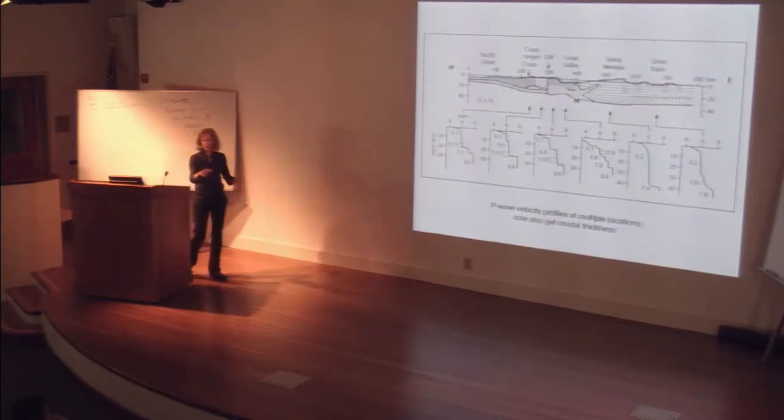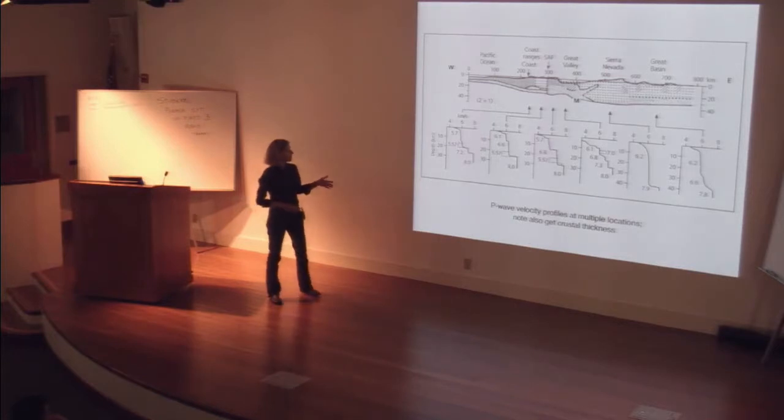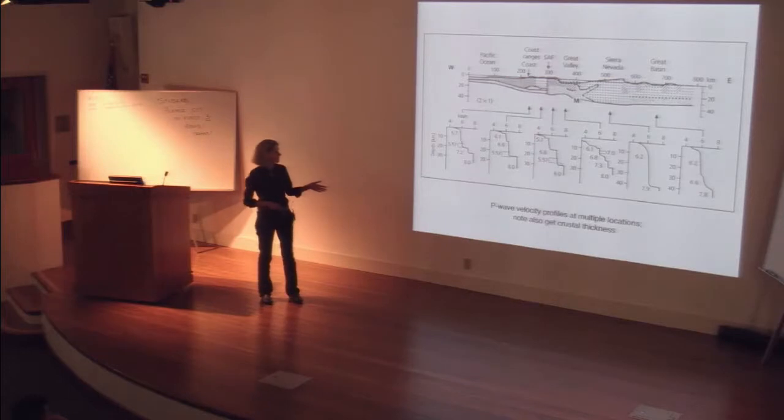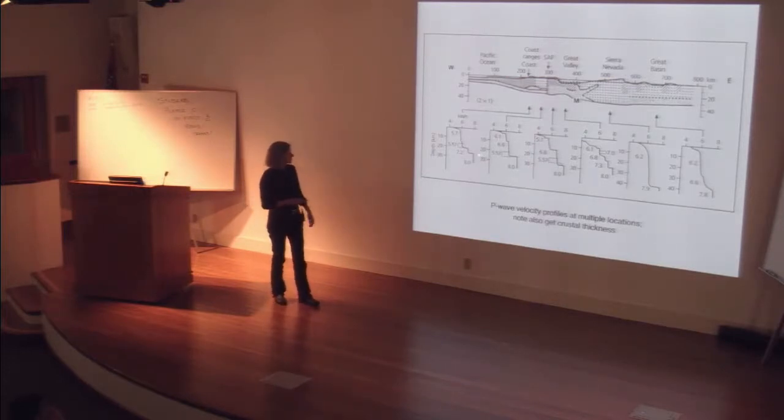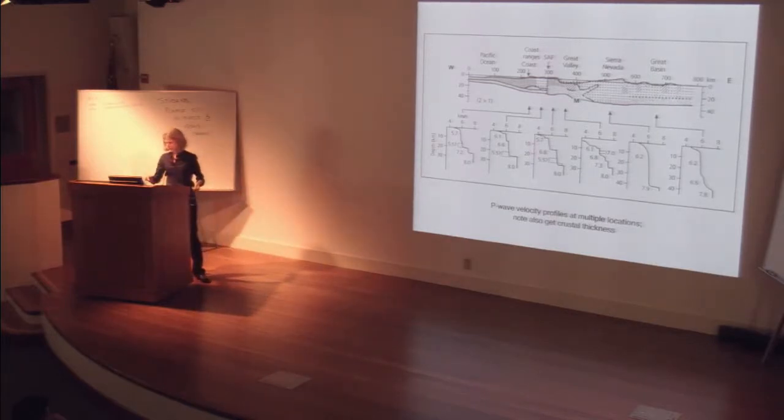You do this at all those triangles across the surface of the Earth, and you end up with a whole bunch of seismic velocity profiles. Here are a bunch of those P-wave velocity profiles made in different parts of, in this case, the western US. So you get your P-wave velocity profile. You also get a crustal thickness, finding the discontinuity where you go to mantle velocities, and so on.